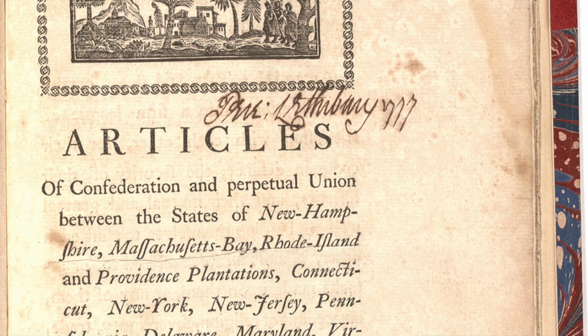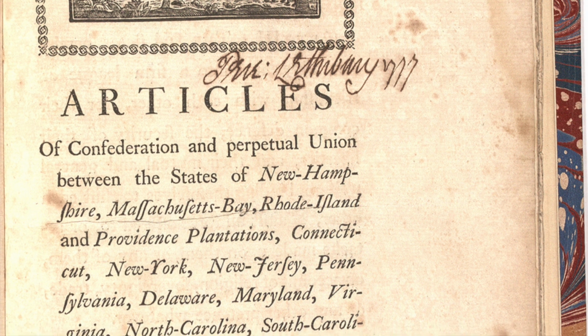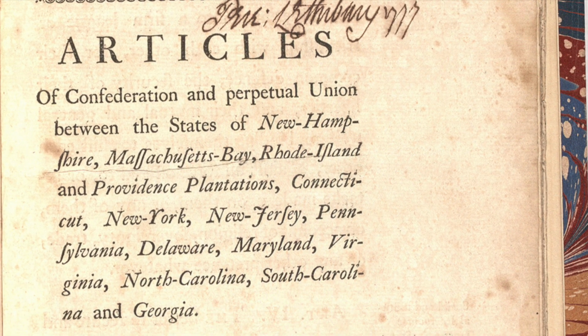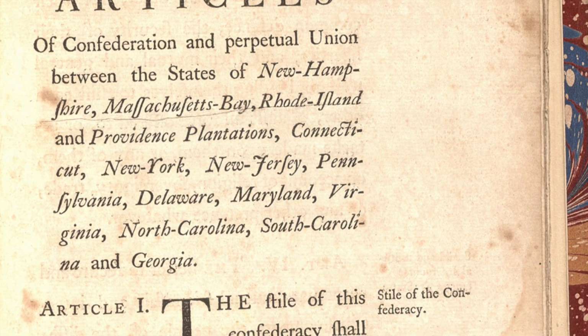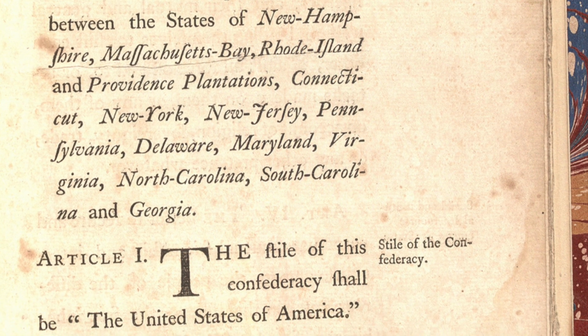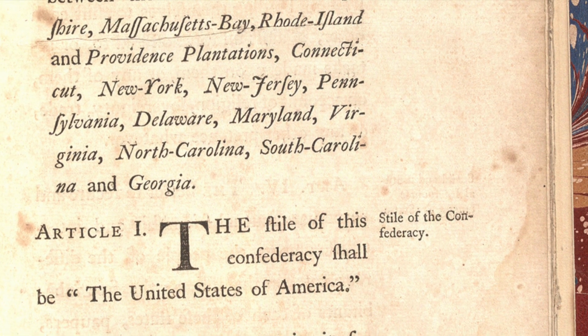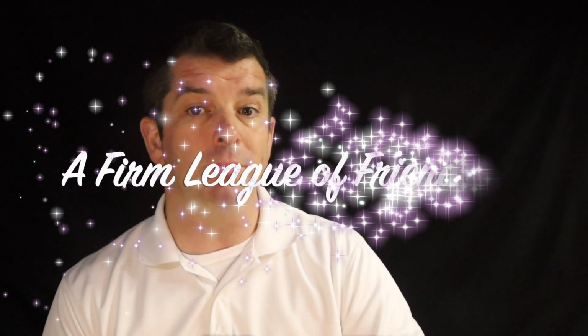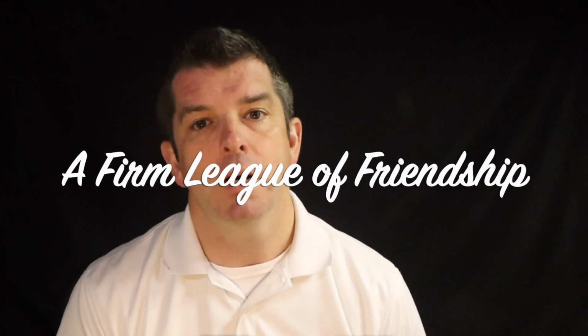So the federal government under the Articles was weaker than the states. As expressed by the Articles, each state would retain its sovereignty, freedom, and independence. So really this is a loose collection of states, as they called themselves a firm league of friendship.